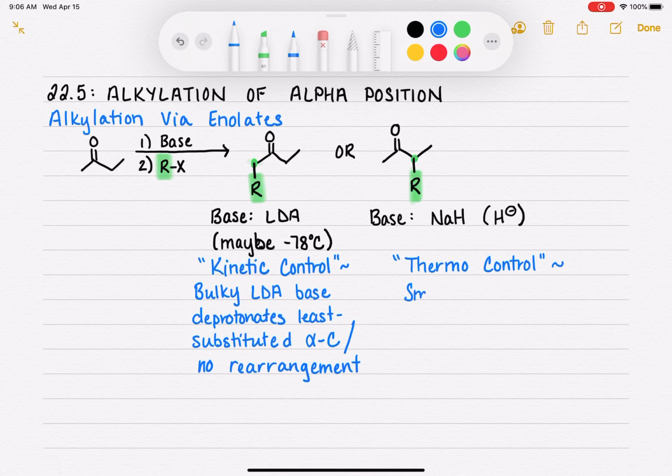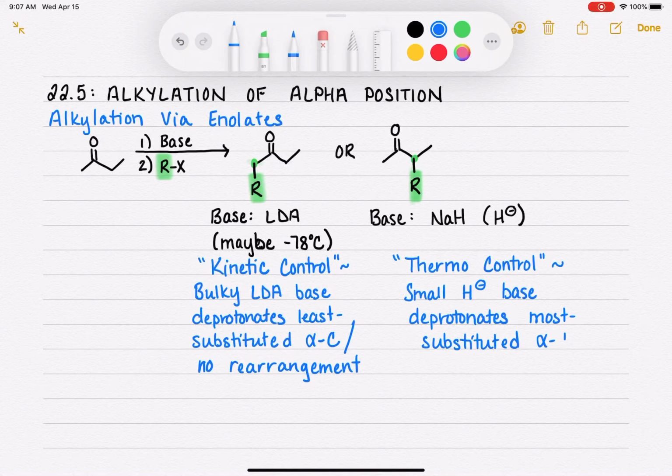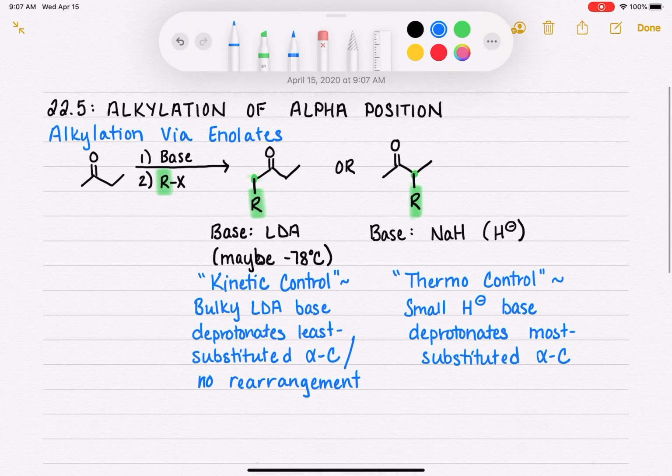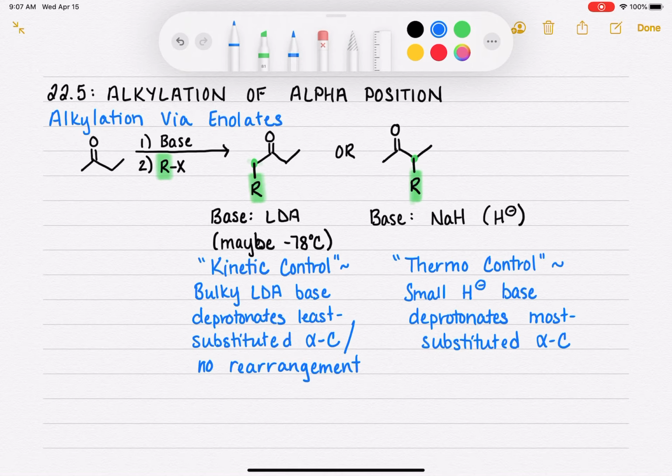The small hydride base deprotonates the most substituted alpha carbon. And in this reaction, because we're deprotonating the most substituted carbon, there's no motivation for a rearrangement, so also no rearrangement takes place.